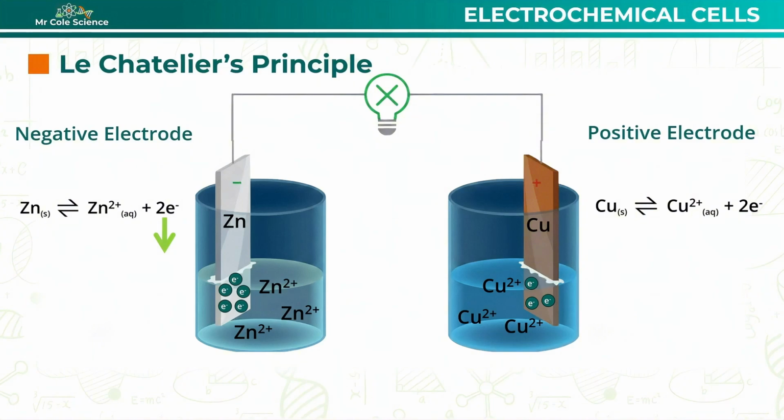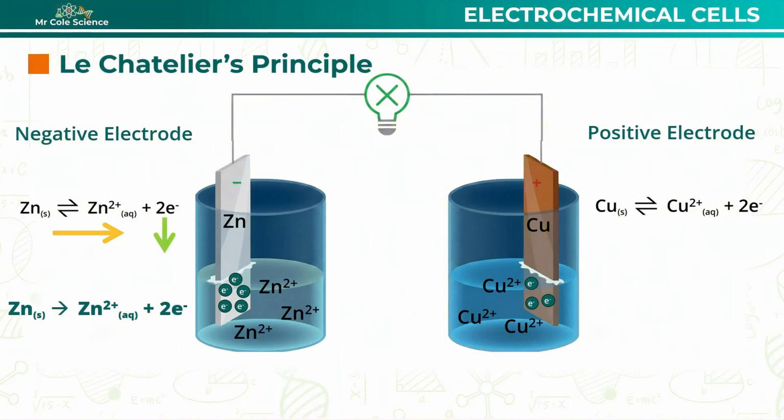Due to Le Chatelier's principle, the system is going to try to oppose that change, and it's going to favour the reaction where our metal atoms are oxidized, turning into metal ions, but crucially releasing more of those electrons to try to increase that concentration of electrons.